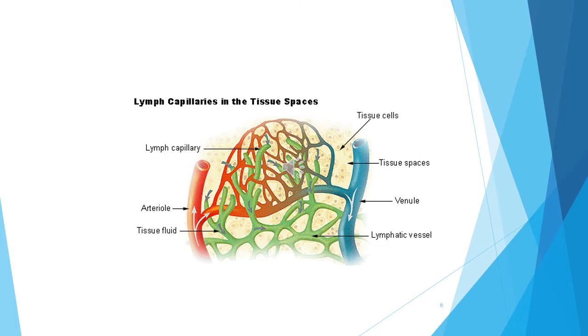In the interstitial fluid are present the lymphatic capillaries. The lymphatic capillaries are open-ended. The components from the interstitial fluid enter into the lymphatic capillary, and thus the particular area is drained by the lymphatic capillaries.